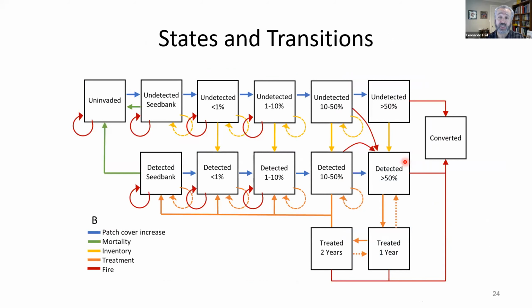So the state and transition model for this particular project looks like this. And you'll notice there's some interesting features about it. So first of all, as we move from left to right, we're talking about the amount of Buffelgrass that is present on a particular location. So we've got sites that have no Buffelgrass at all.